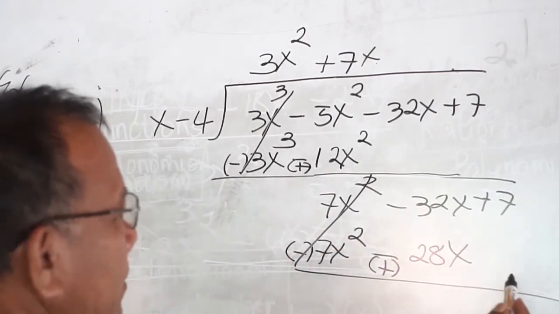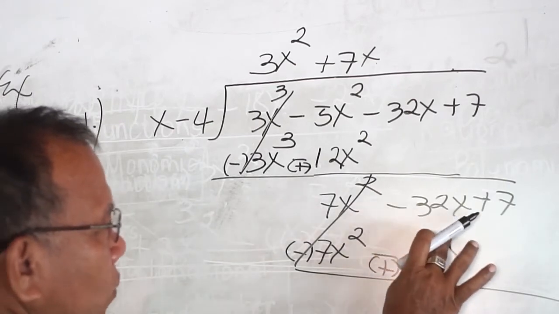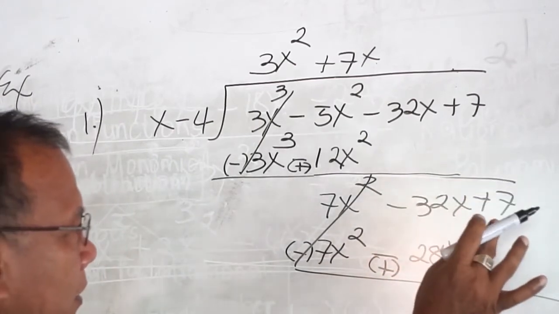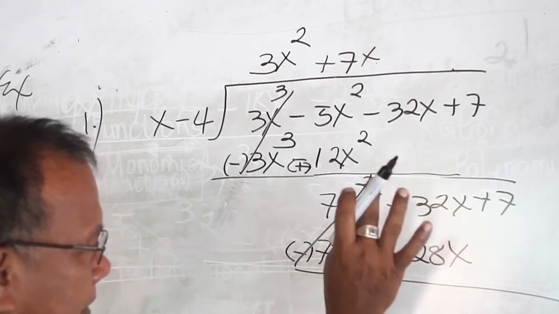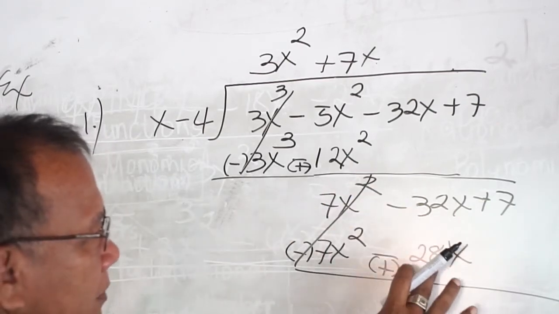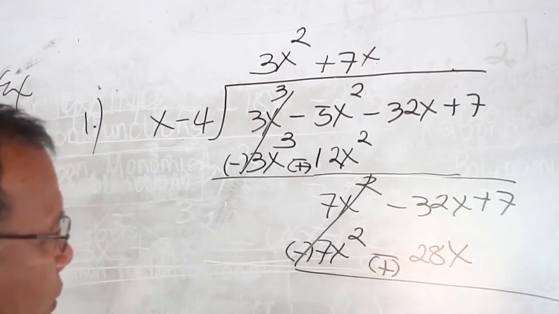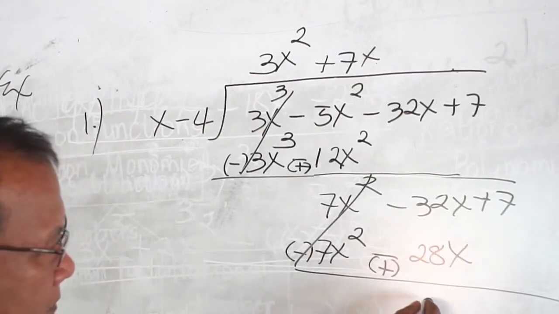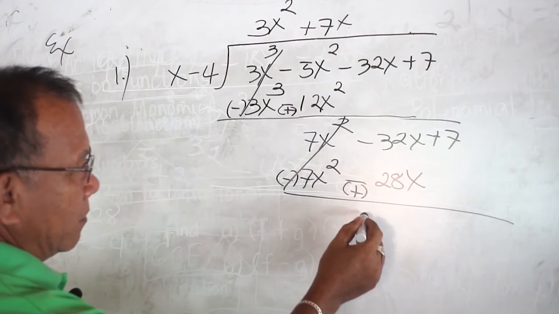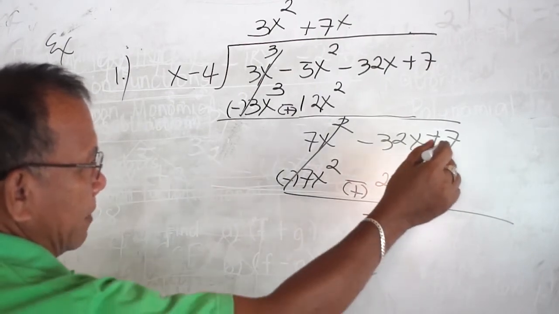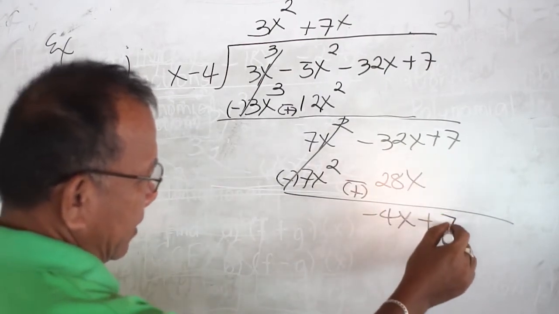Then we have negative 32x, then plus positive 28x. So the result is negative 4x. Then bring down positive 7.